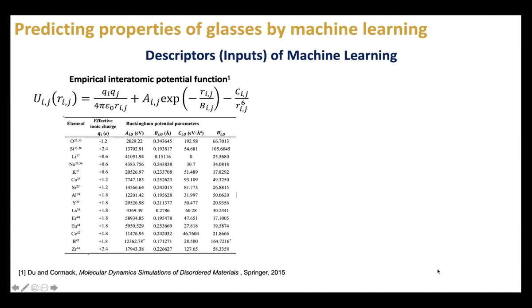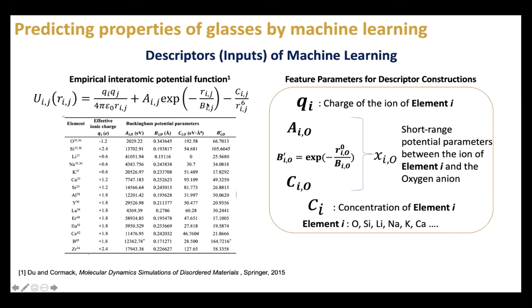In this formula, Q is the charge, and A, B and C are for the short range interactions. So we choose these parameters in the force field function as feature parameters for descriptor construction as input of machine learning. Why? For two reasons.